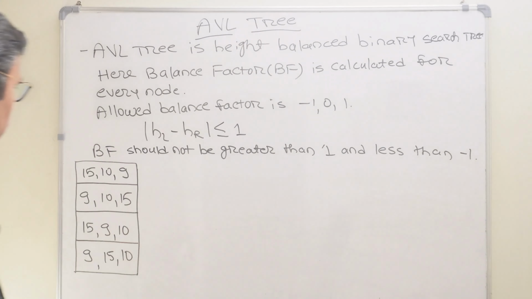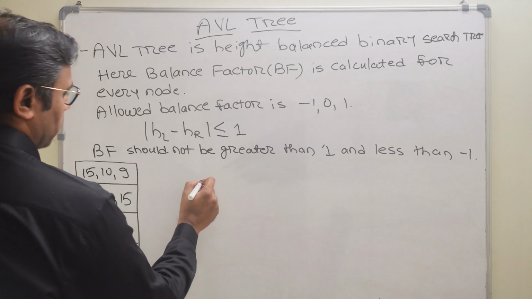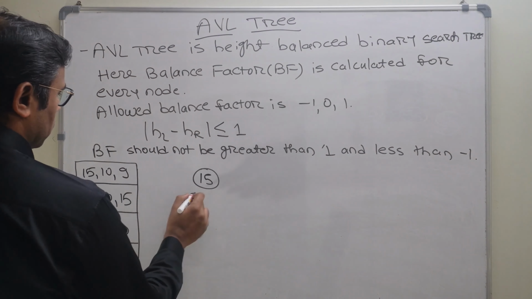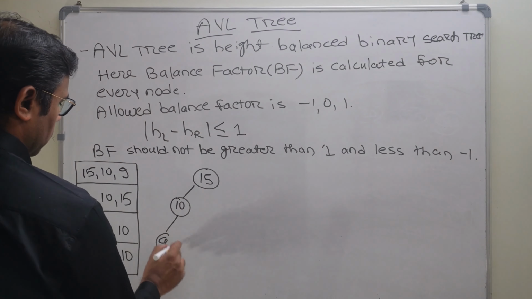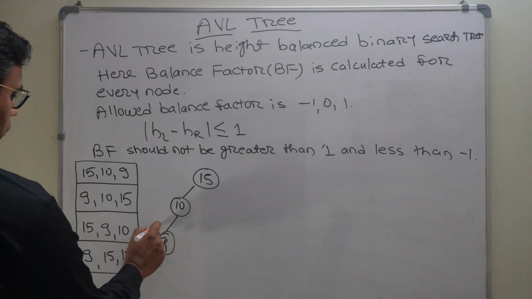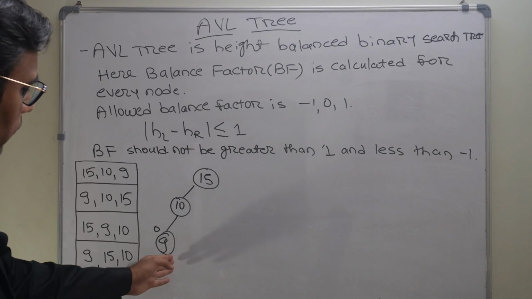So let us draw them one by one. First is 15, 10 and 9. Let us draw the binary search tree. It will be 15, and then 10 will come on the left hand side, and then 9 will also come on the left hand side. Now balance factor is calculated for every node, so here it will be 0. Balance factor is height of left subtree minus height of right subtree.